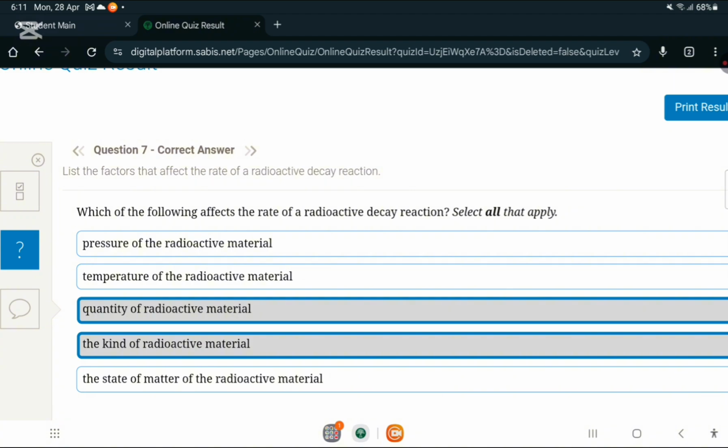So the kind of radioactive material matters, because carbon-14 is going to decay after about 6,000 years, that's its half-life, while uranium, in that same amount of time, the rate would be much slower. So the kind of radioactive material does affect the radioactive decay reaction. Okay, on to the next.